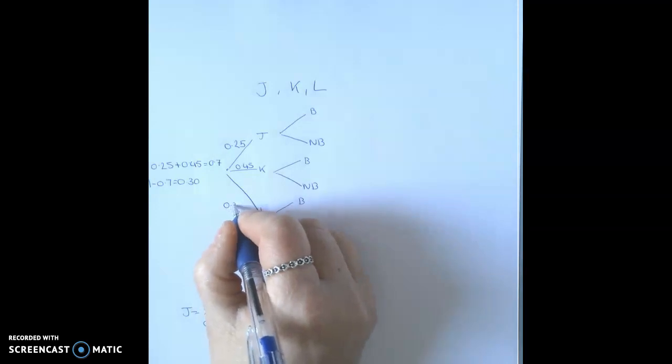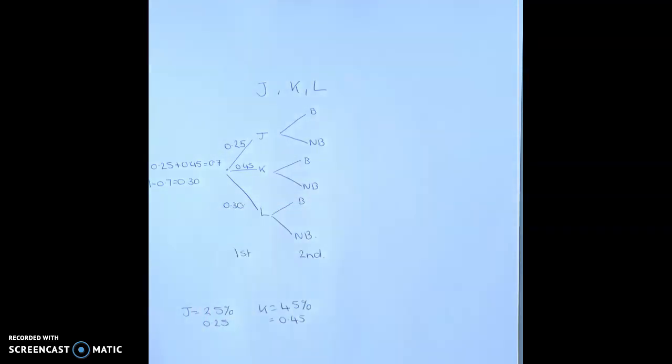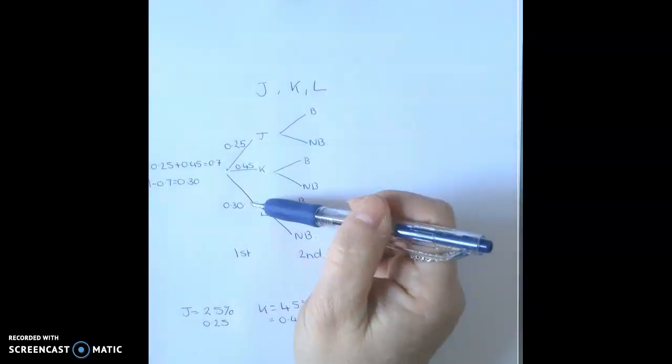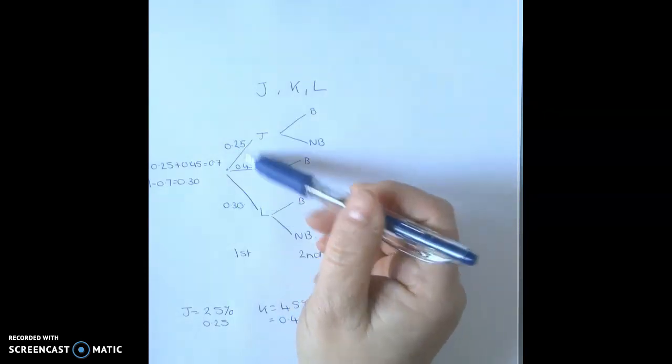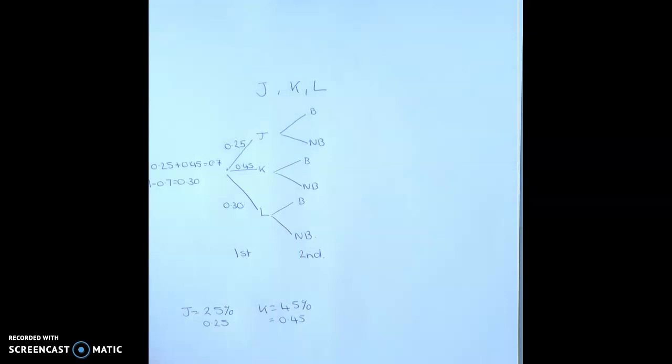So that's 0.30. So you see how all the rules regarding probability work, with everything adding up to 1, and knowing when it's not something you can take it away from 1. We needed to work out the remainder, so we added these together and took the answer away from 1 to find the answer.